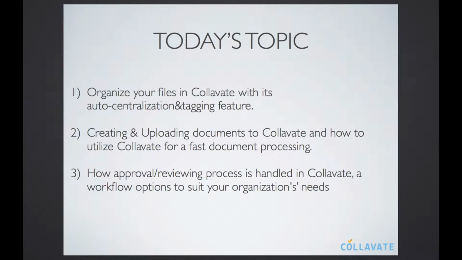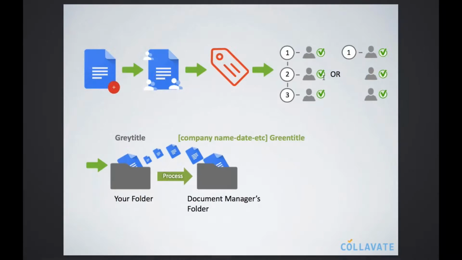So if you're not familiar with Collavate, it's a workflow suite that works on top of Google App Engine based on the Google Drive. So we follow the same service level agreement of Google App Engine, which promises 99.98% of uptime, and it's really stable.